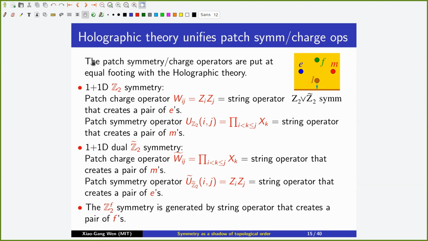Since you mentioned this, let me draw this. Here, maybe just consider one boundary, and you can consider another gapped boundary here.